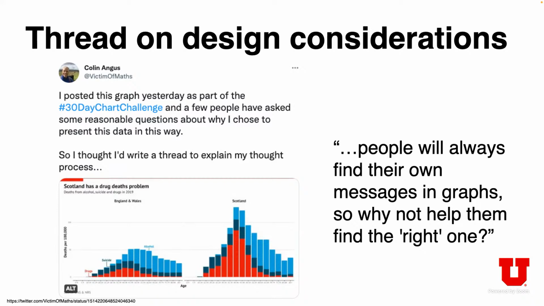Everyone should read this, but one thought I wanted to highlight was why he chose to title the chart "Scotland has a drug problem" instead of "alcohol and drug use in the UK." He had this idea that people will always find their own messages in graphs, which I think we've shown, so why not help them find the right one?